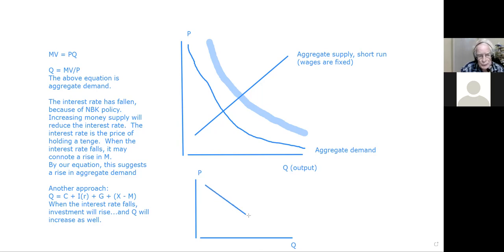Aggregate demand, as before, is still downward sloping, because when prices fall, people buy more than before, given our money supply. But now, aggregate supply in the long run no longer has a positive slope. Instead, it is a vertical line, the same amount of output at any price level.